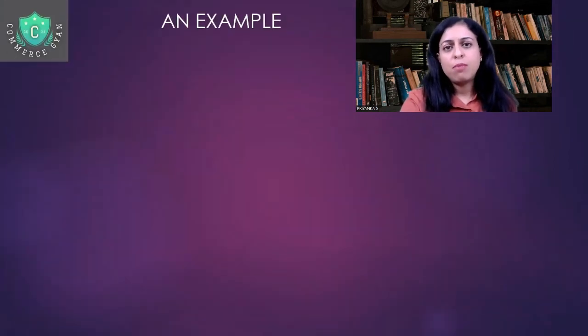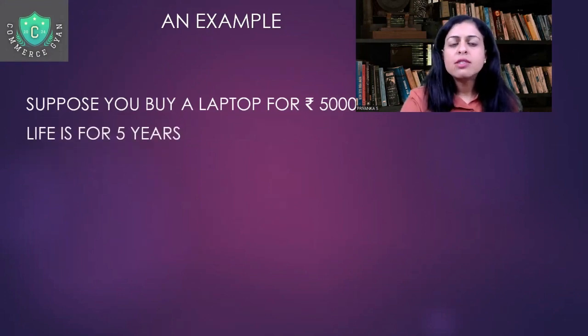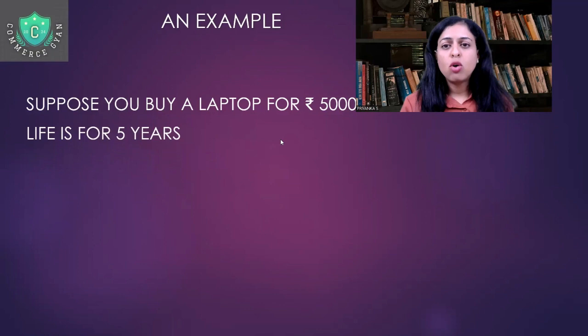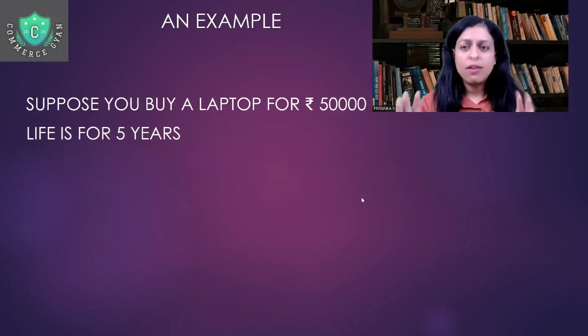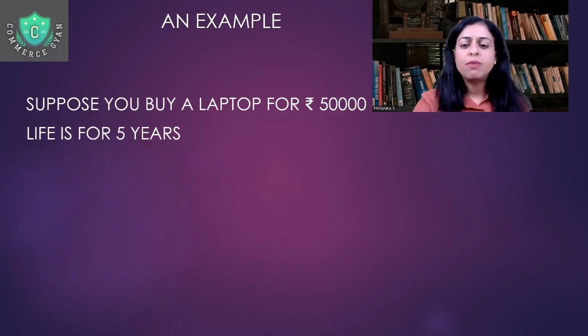So let's take an example. If I buy a laptop for an amount of 50,000, let's say that laptop has a life of 5 years. So if it is giving me the benefit for 1 year, how much will that benefit be?